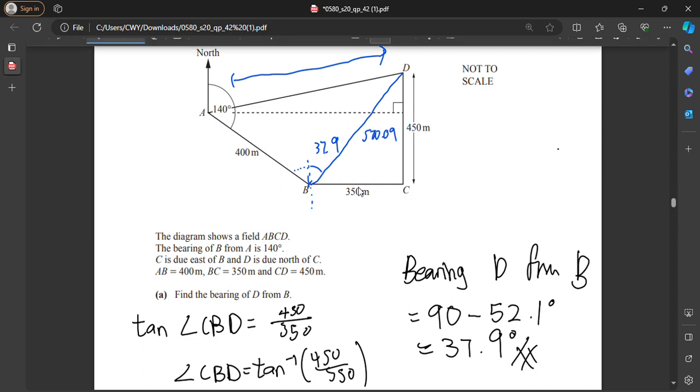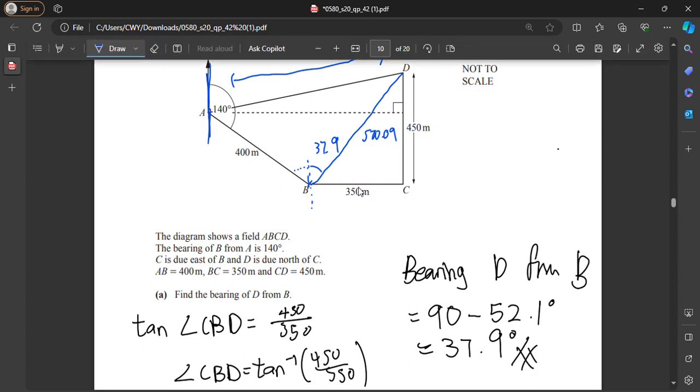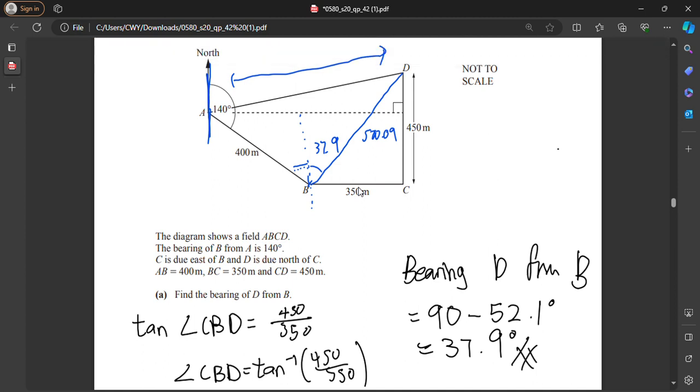I think I can calculate this, because you see this bearing is 140. So the total of this is 180 degrees. Why 180 degrees? Because angles in parallel lines, when they are corresponding to each other, sum up to 180.